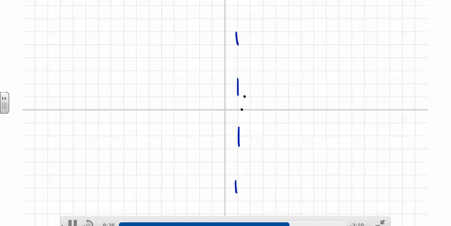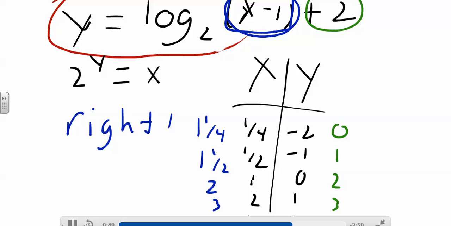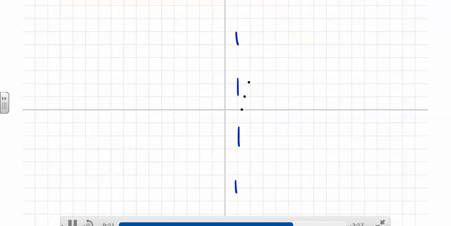Don't get stuck counting from the new asymptote. It happens sometimes. Then 3, 3, and then 5, 4.